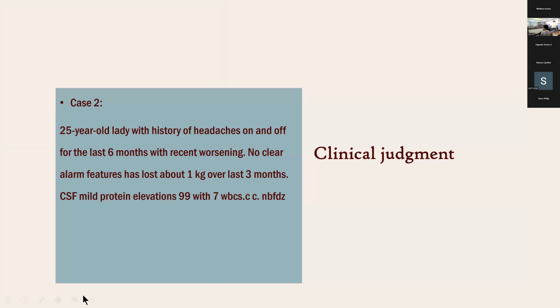No. Here you will have to use your clinical judgment. What did the MRI show? What are the other pictures? If CRP is high and MRI is showing basal exudate, you might treat; if CRP is normal, the patient has no symptoms, then you might say, okay, let's keep this patient on follow-up. In that case, you would have to use your clinical judgment.